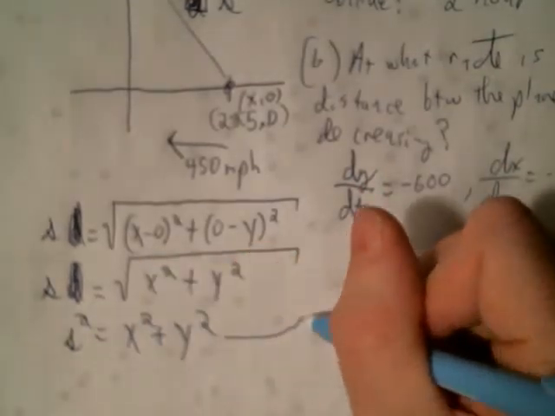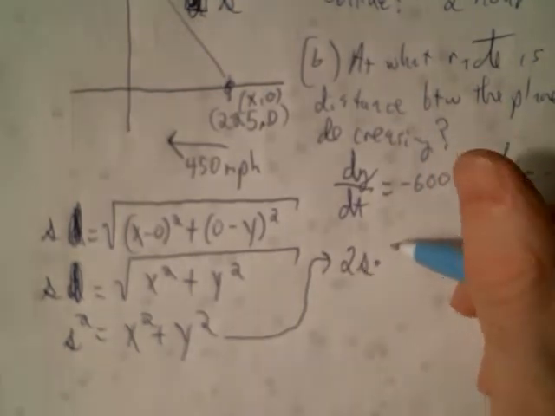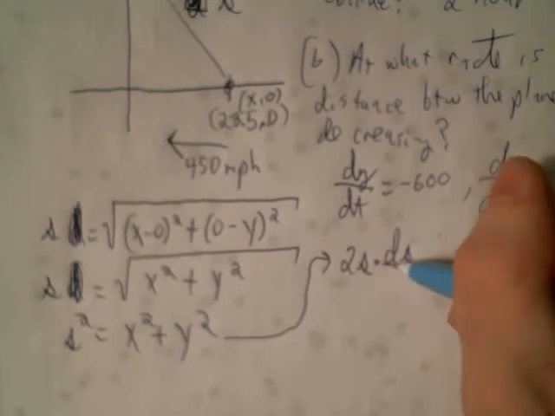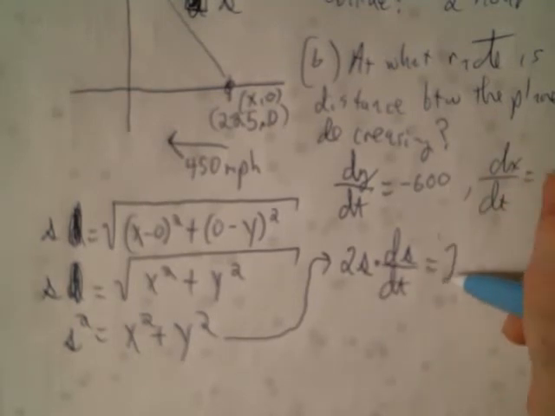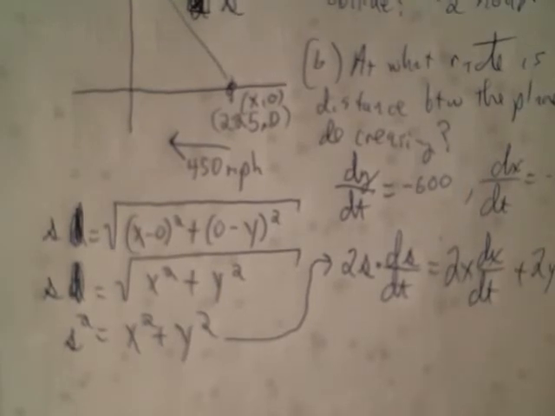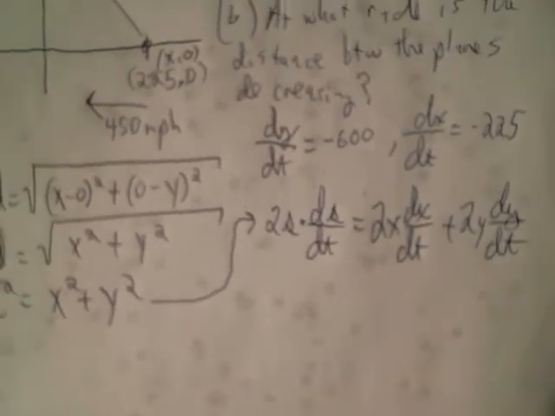So implicitly differentiating, I get 2s times the rate of change of s with respect to t, so ds over dt. On this side, I get 2x times dx with respect to dt, plus 2y times dy with respect to dt. You can divide out by 2.